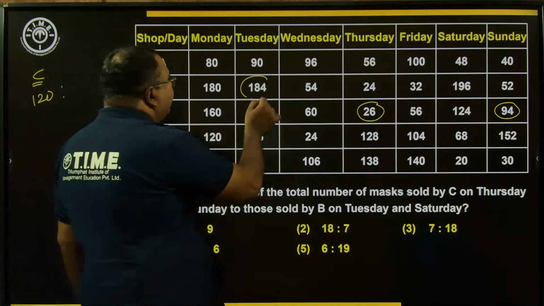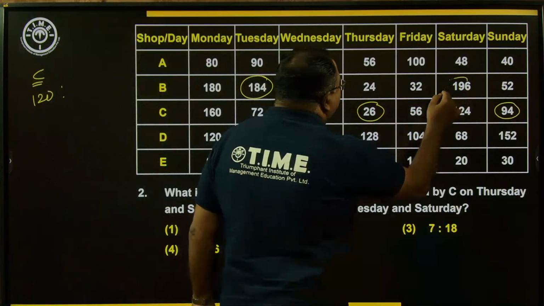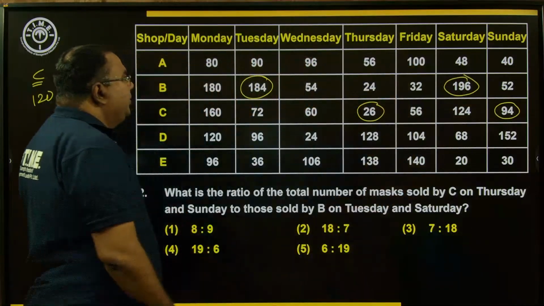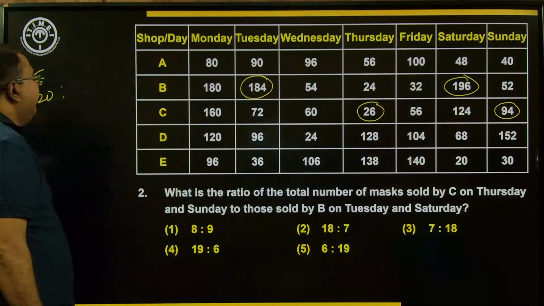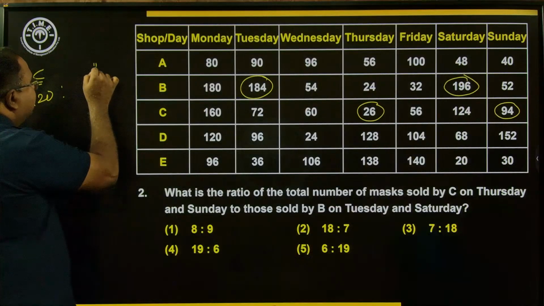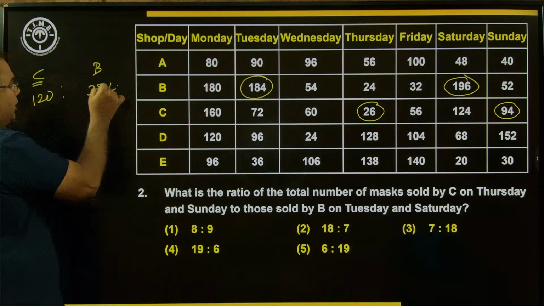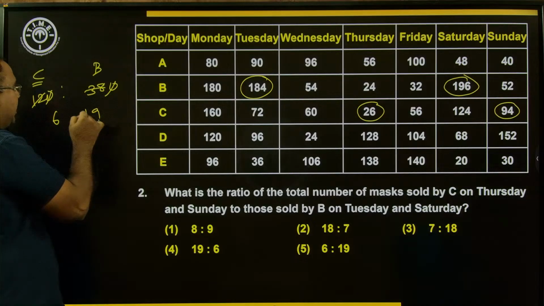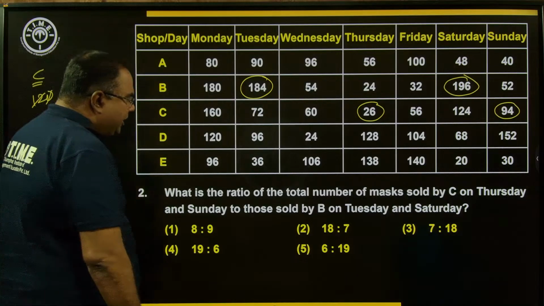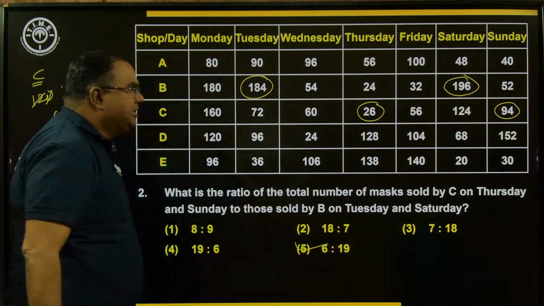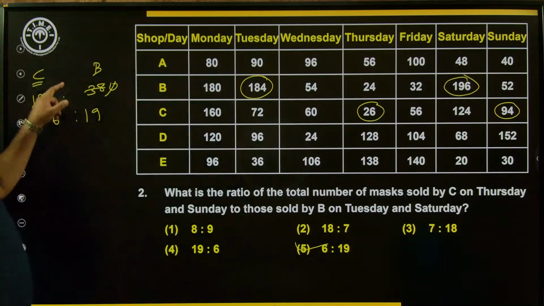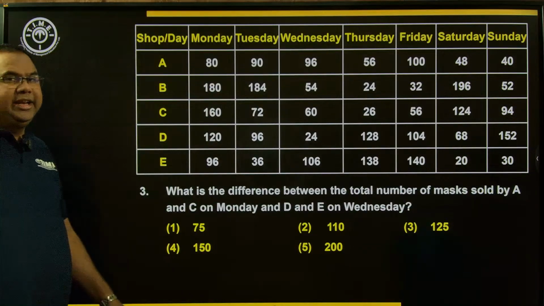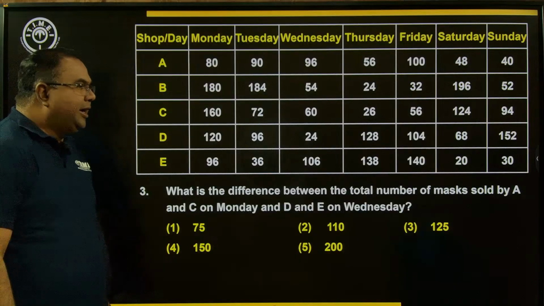B on Tuesday 184 and Saturday 196. So if you add 6 here, 190, 190, 380. This is for B. So the ratio is 120 to 380, 2 is a common factor, 6 is to 19. 6 is to 19 is present in choice 5. See, questions are not that difficult, but you have to be a little careful while picking up the data, right?